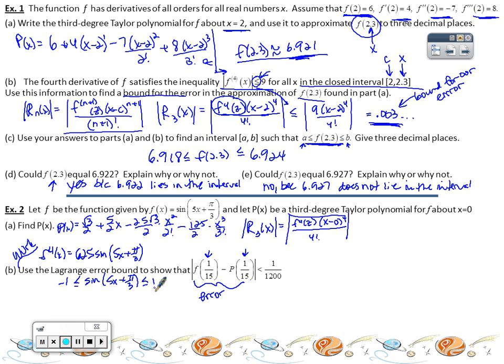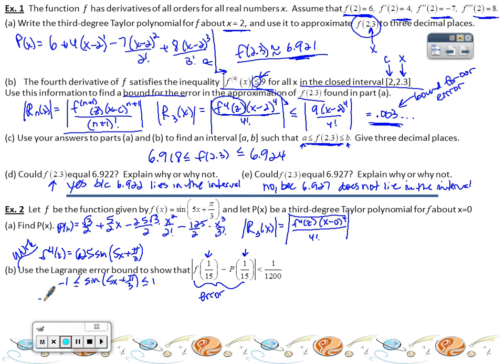We're trying to investigate a maximum derivative value, so we're messing with the derivative. Now, what if we make this 625 sine? What would I need to make this? -625. And what would I need to make this? 625.